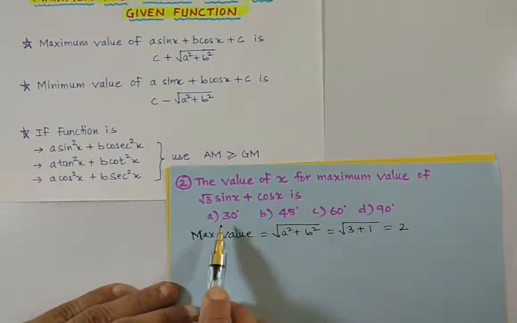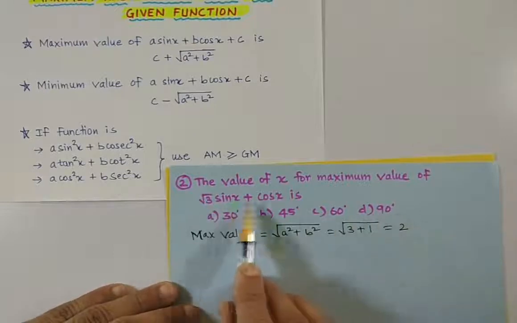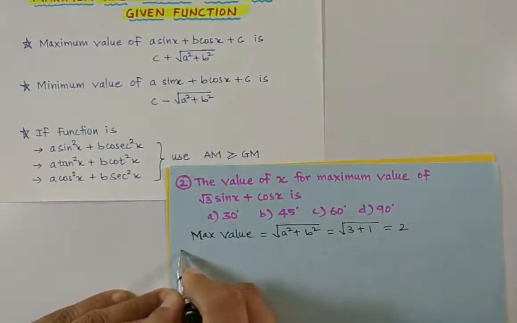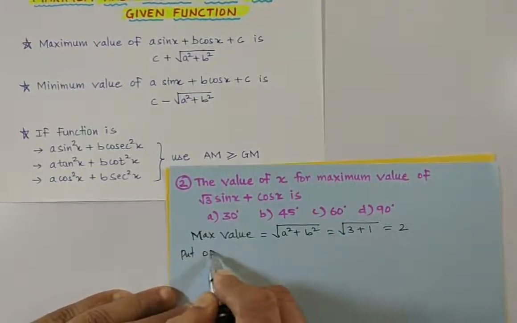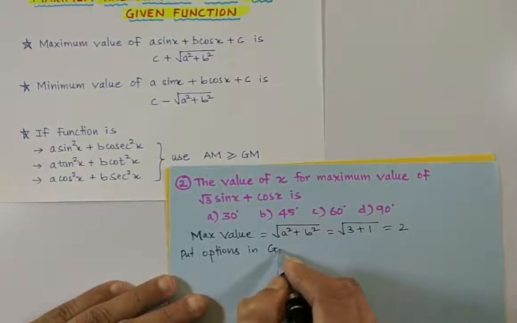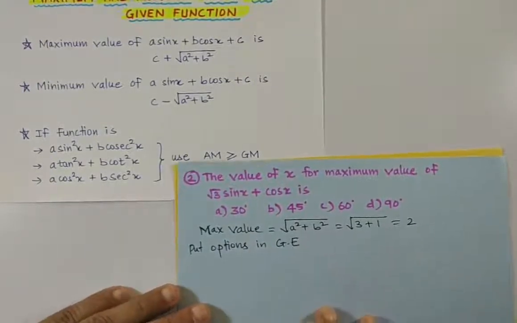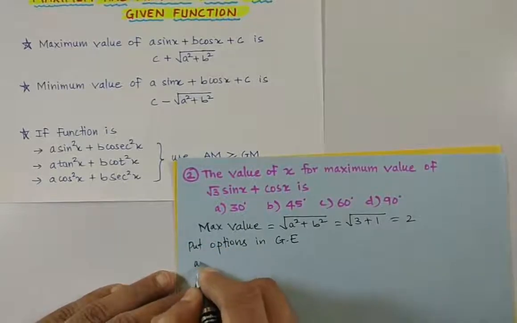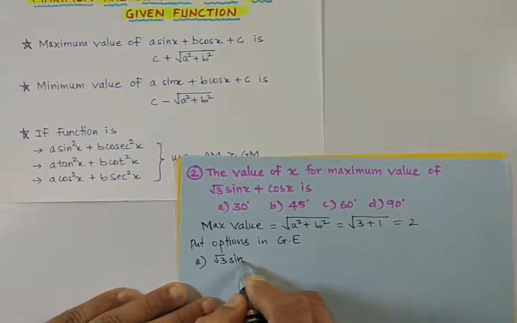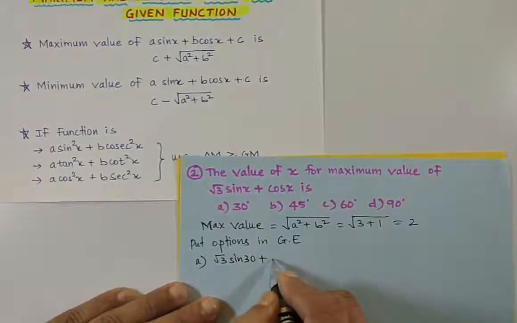Now what you do, you put these options in the given expression and check which one will give you the answer 2. So first I will take option A. Root 3 sin 30 plus cos 30.